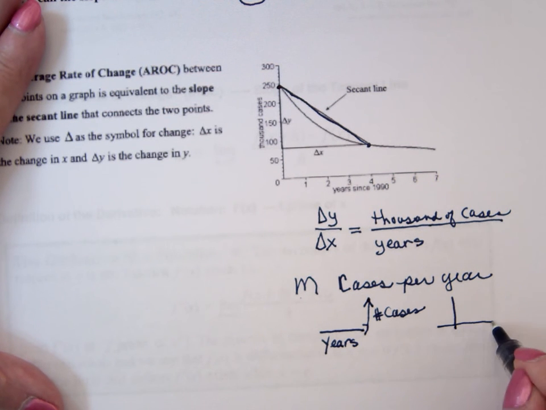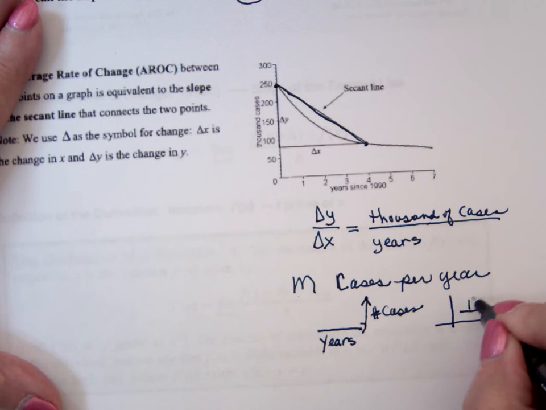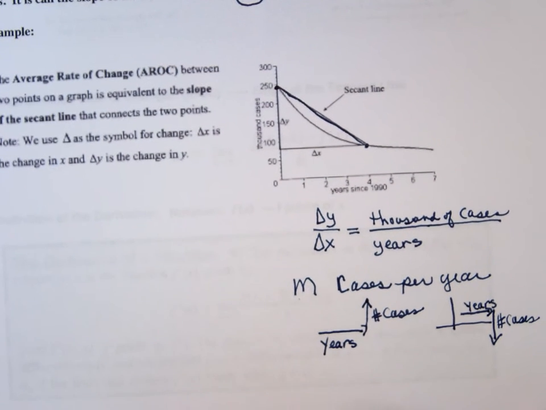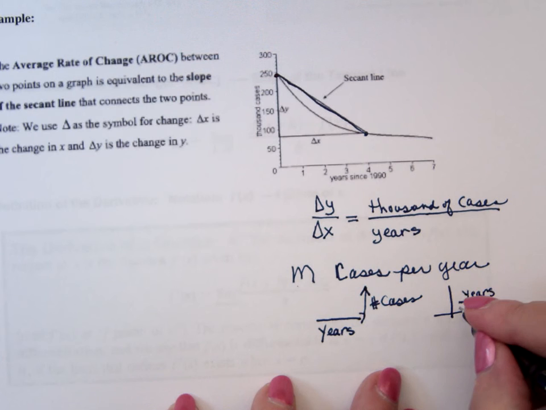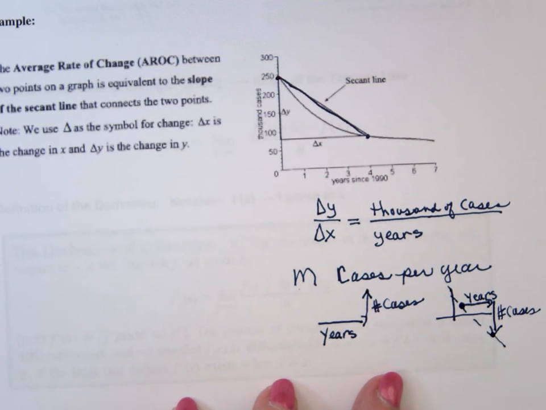So that says as time goes on, the number of cases decrease, by so much. And the quantity is the value of the slope. So many years goes down so many cases.